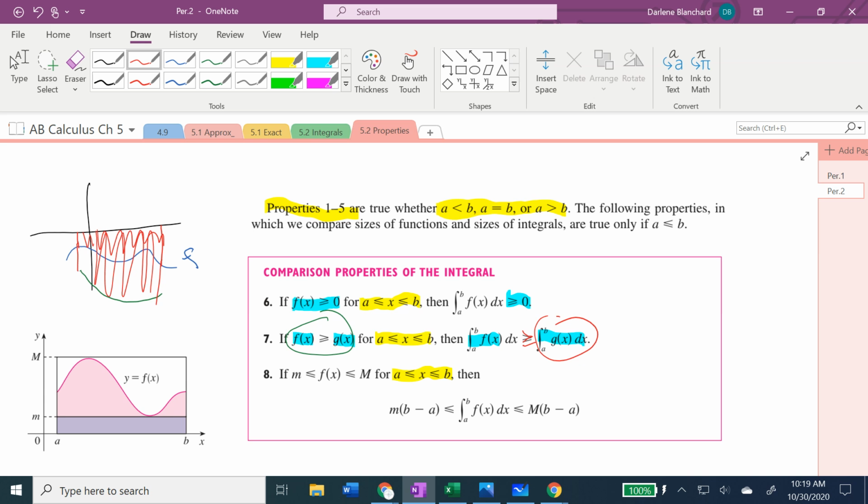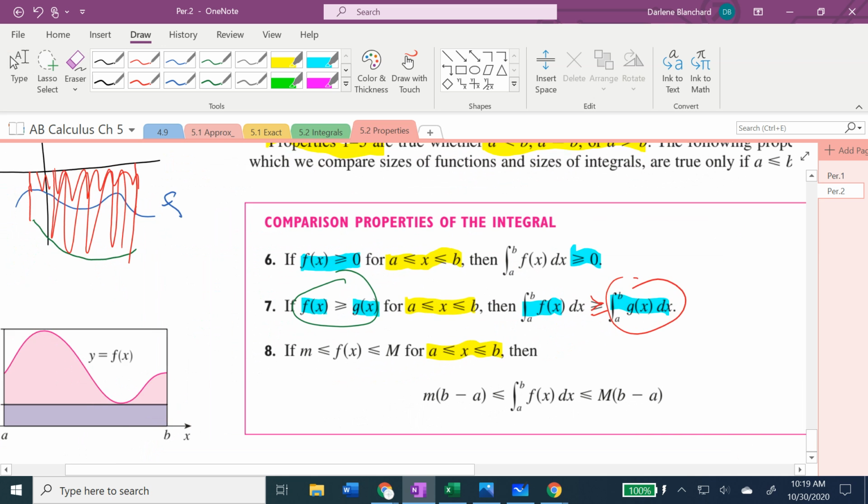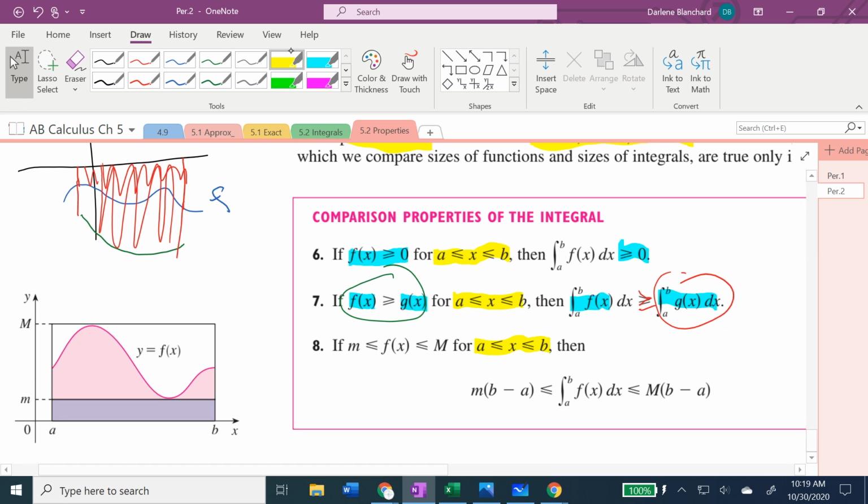And then the last one has a nice picture with it. For the last one, what this is saying is m is the absolute minimum of f of x over the interval a to b, the absolute minimum.